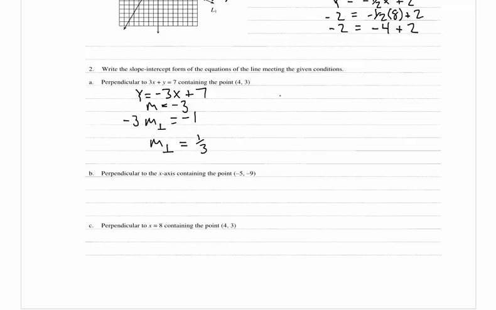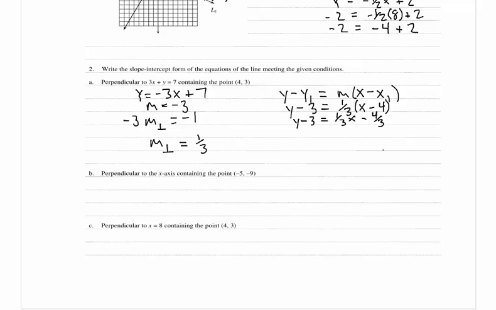And now we're going to use point-slope form. So y minus y1 is equal to m times x minus x1. And now we have y minus 3 is equal to m, which is 1/3, times x minus 4. And then I'm going to have y minus 3 is equal to 1/3 x, and 1/3 times -4 is -4/3.